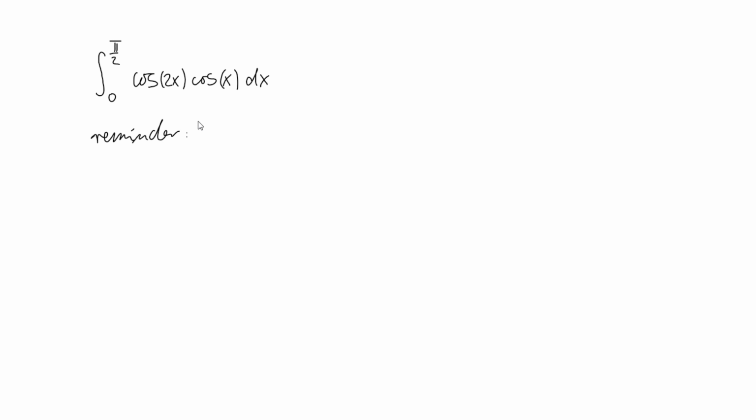is that for all x in the real numbers, we have that cosine of 2x equals cosine squared of x minus sine squared of x. So maybe we can use that and plug that into the formula.